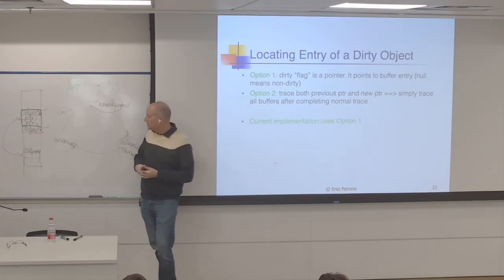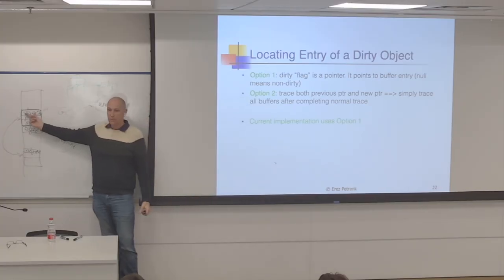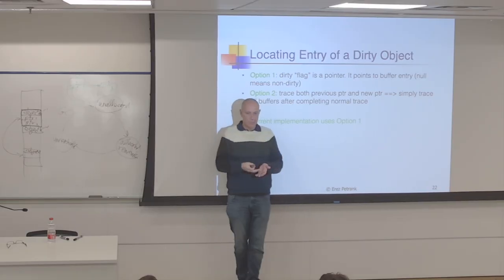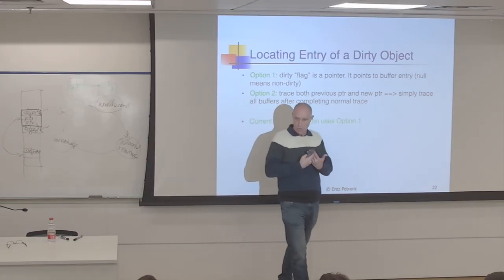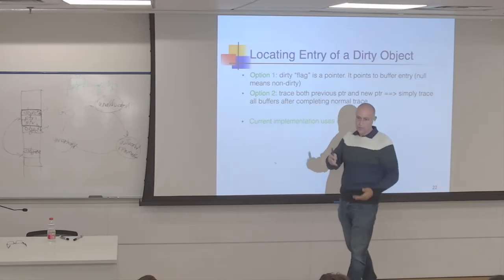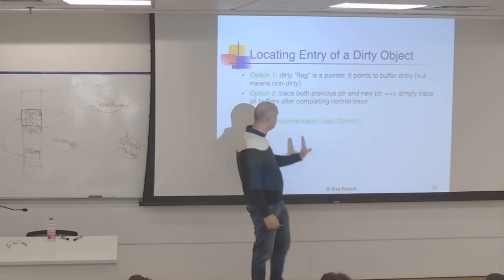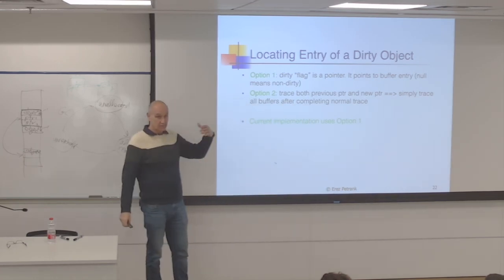So in the object, you would have a pointer pointing to this buffer entry if the object is logged. If it's not logged, it's null. So not dirty is a null pointer, and dirty is a non-null pointer that tells you where the buffer entry is.